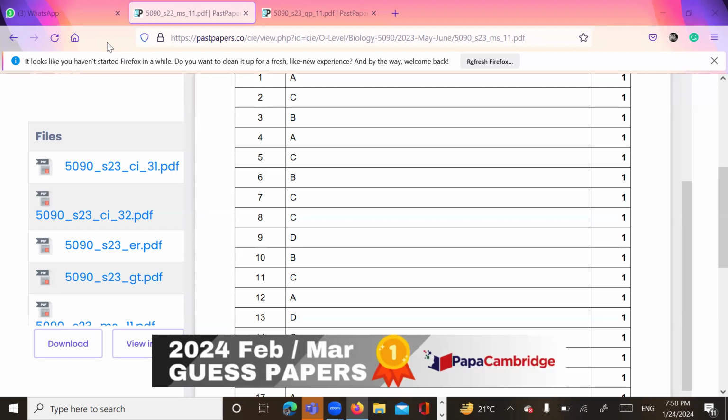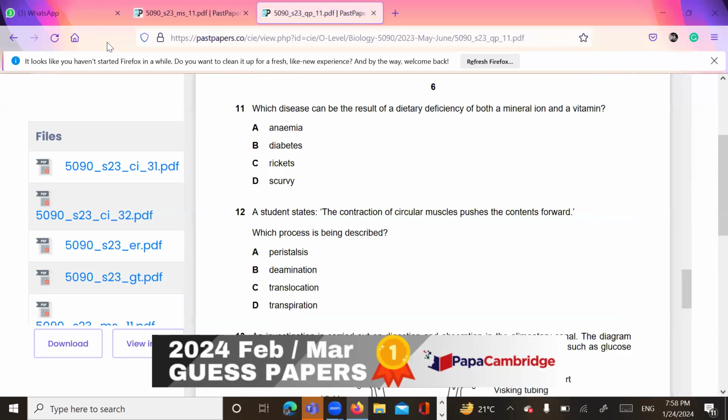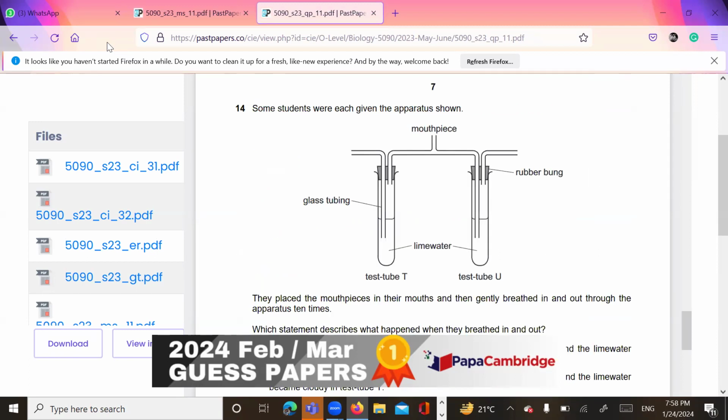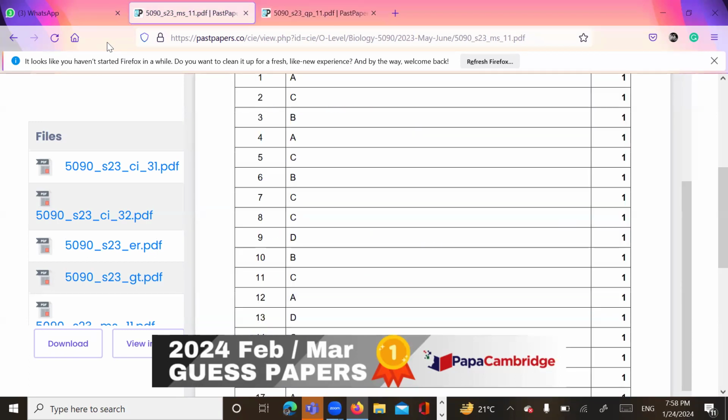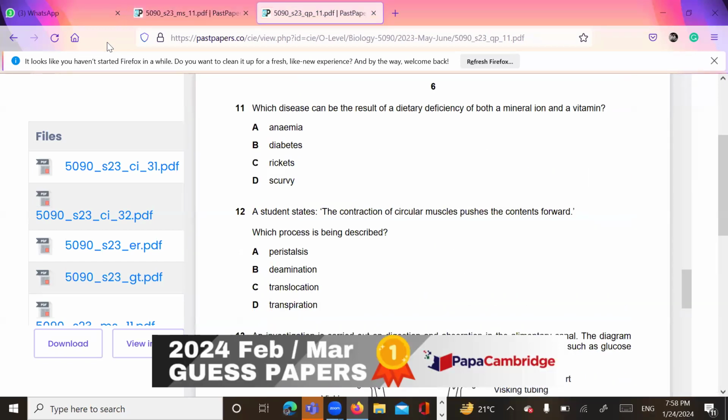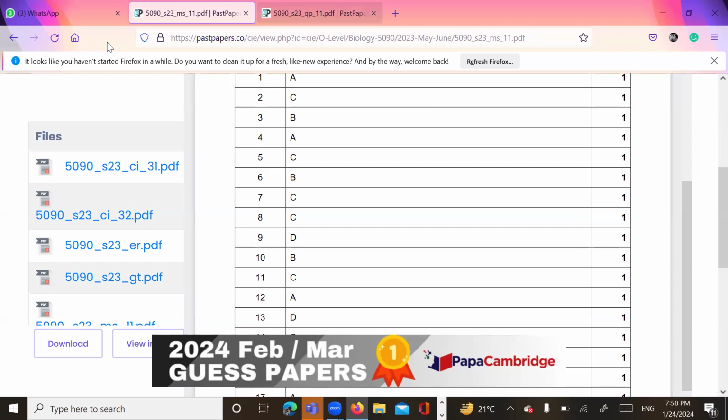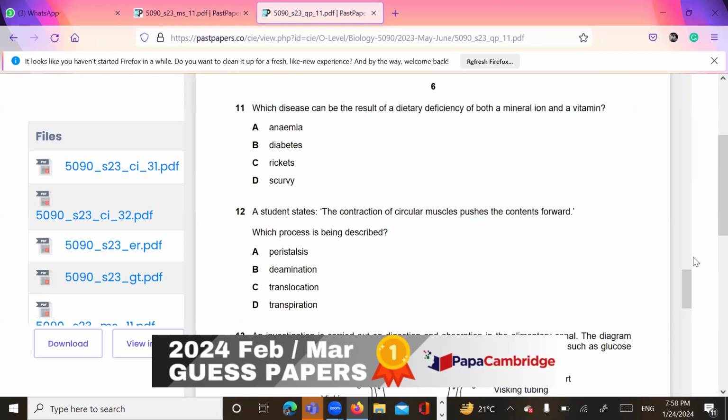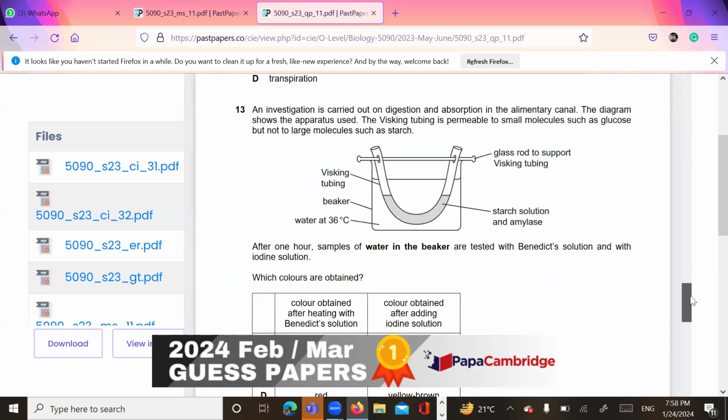Okay. So now let's move to question number 13. What was the correct answer for question number 12 and what did we select? A, peristalsis. So we are correct. Now let's move toward 13.